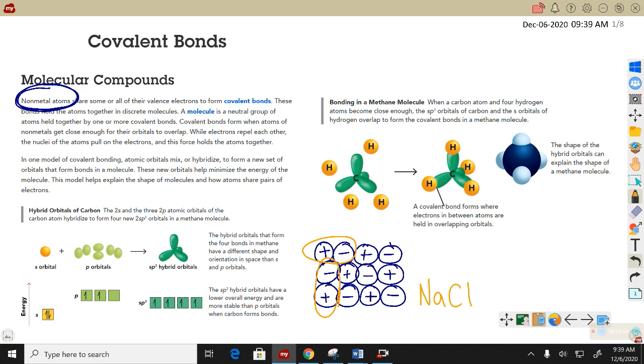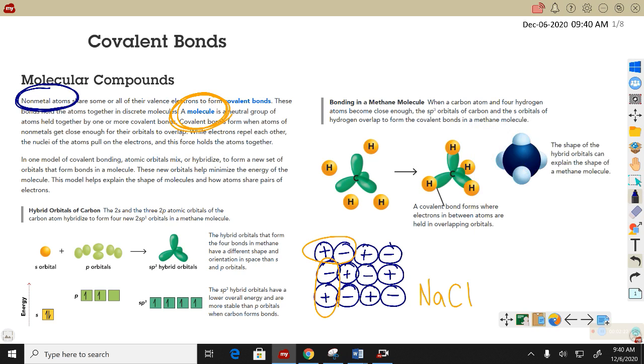It's a 1-to-1 ratio of positive ion to negative ion. But the covalents are a little bit different. They're not going to have these strong charges that create the strong attractive forces. And instead, they're just going to exist as individual molecules. So I'm not going to have like this big crystal anymore. It's just going to be a bunch of molecules. And so maybe it's something like water.